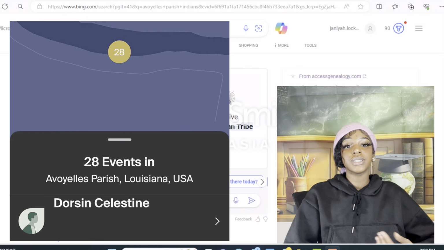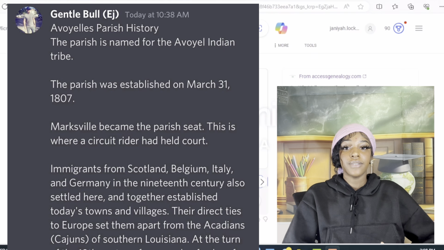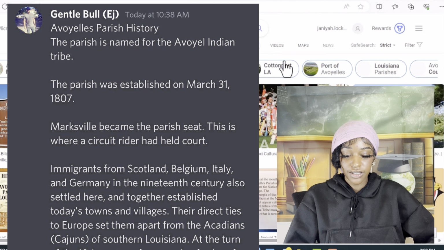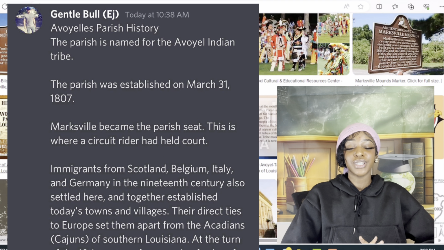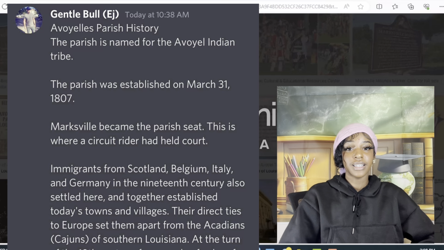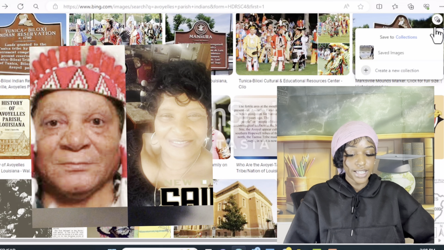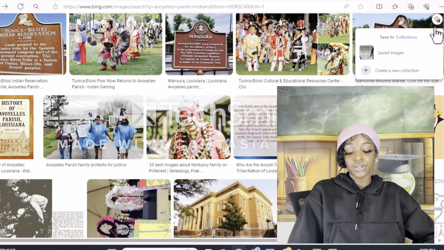What influences may they have been influenced by? And then even looking at the phenotype of my family members, I might put a picture of my grandma, because there was one picture where she really looks like an Avoyel Indian. And that's what they're called. So it's just very interesting, those things.